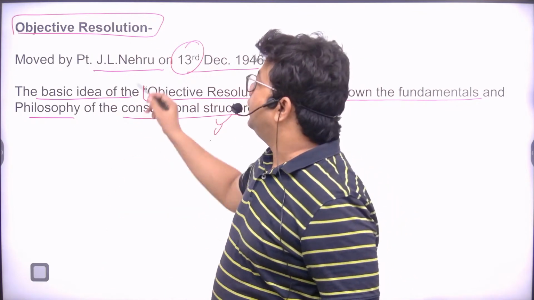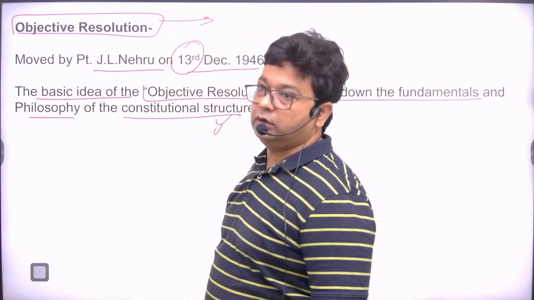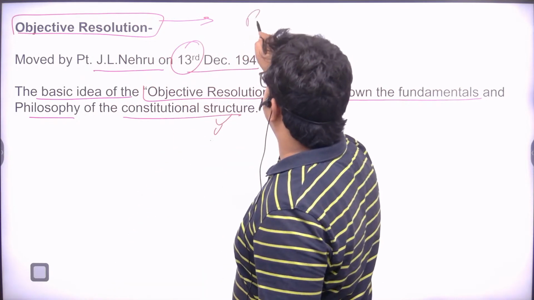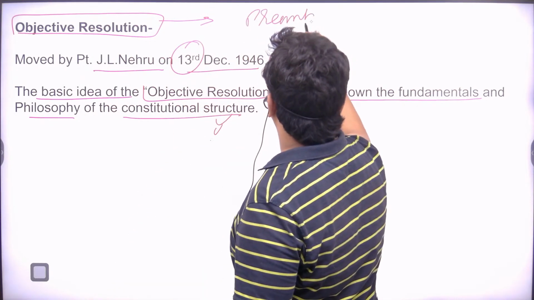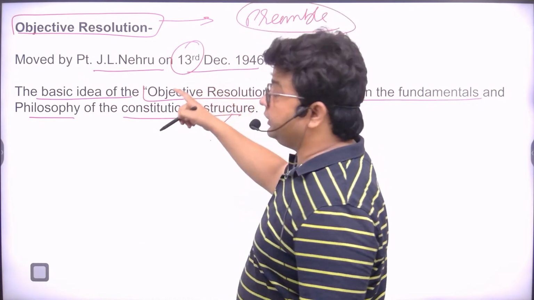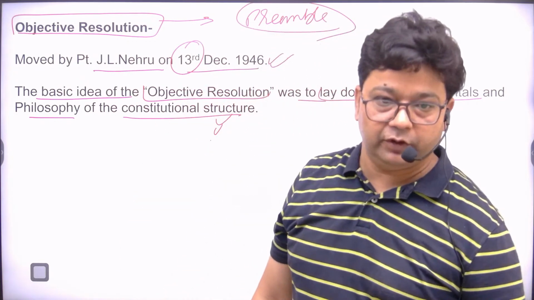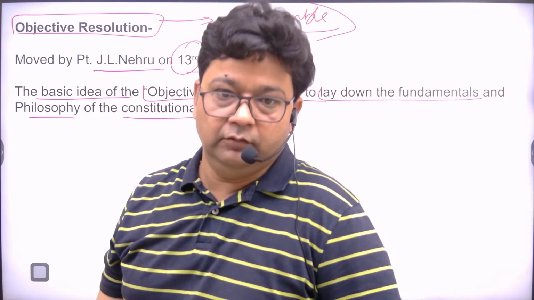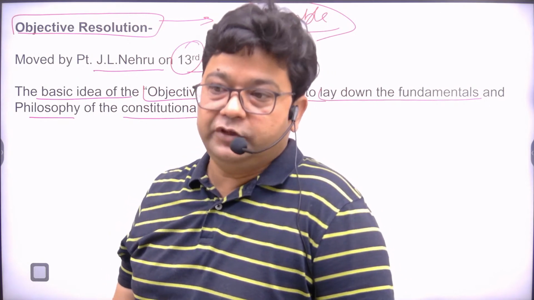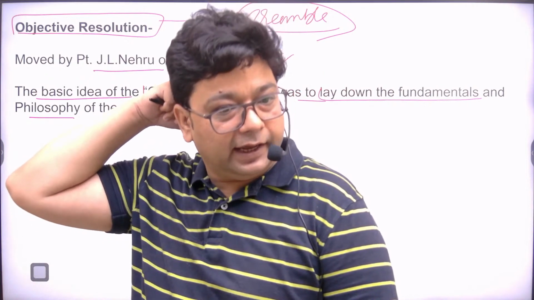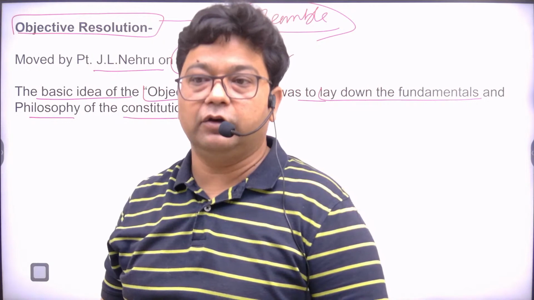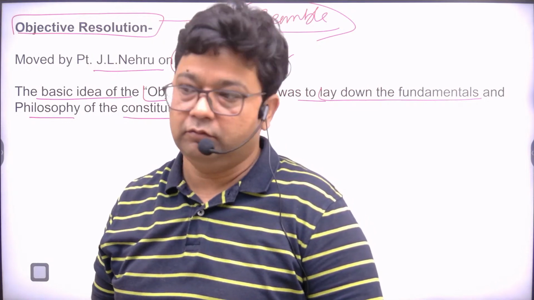And this objective resolution came to be part of the Constitution in the form of the preamble. It was moved on 13th of December 1946 and passed in January 1947, right. So the objective resolution which was moved by Pandit Jawaharlal Nehru came to be known in the Constitution as the preamble. Is it clear?